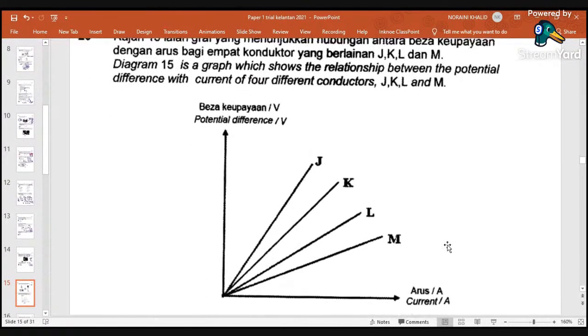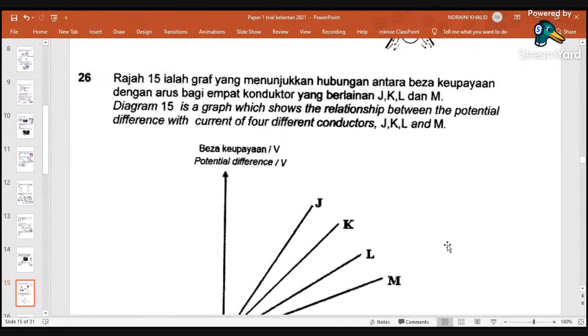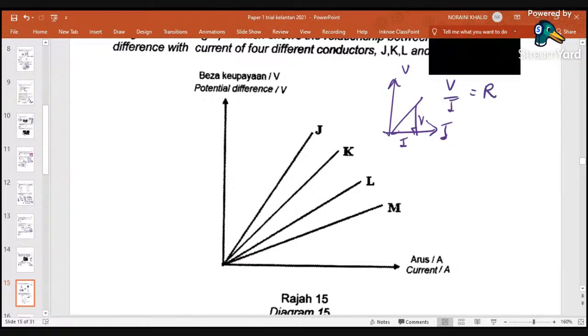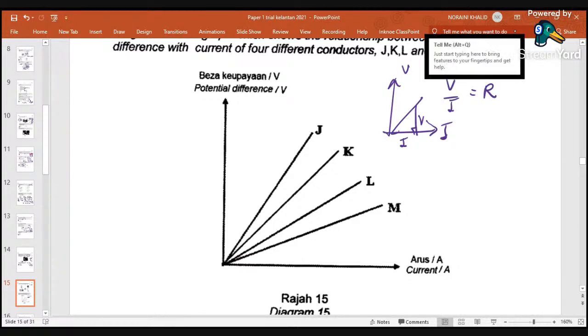Number 26. Relationship between potential difference and current for different conductors J, K, L, M. From a graph of V against I, if you calculate the gradient, you will get V over I, which equals resistance. So the gradient here shows the resistance of the conductor. From here we can say J is steeper.